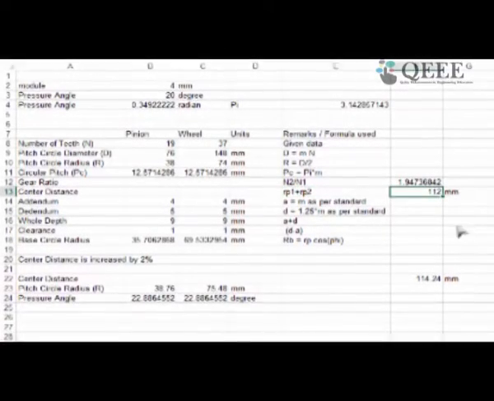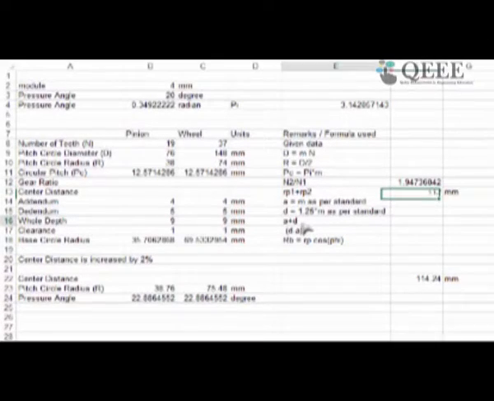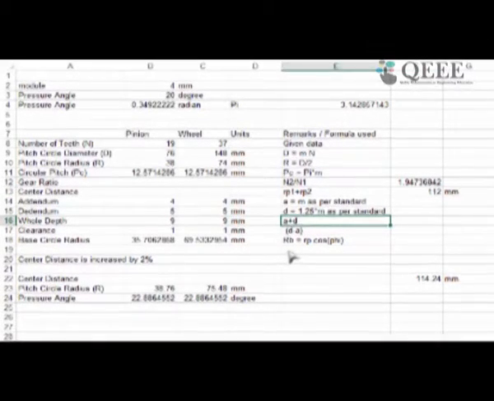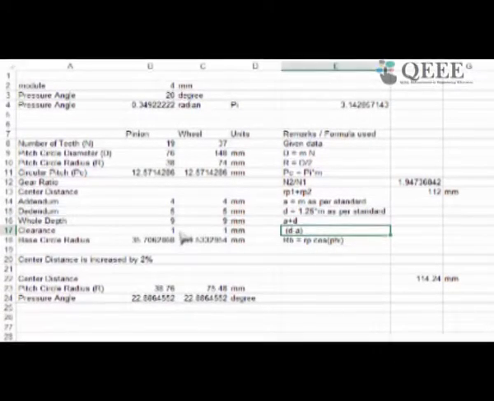And now for the other geometries, addendum is equal to 1 module as per the SI standard, so therefore it becomes 4 mm. Dedendum is supposed to be 1.25 module as per the standard, so that becomes 5 mm, and the whole depth, the addendum plus dedendum taken together, is therefore 9 mm for both the pinion and the wheel. The clearance, which is dedendum minus addendum, in this case is 1 mm again.